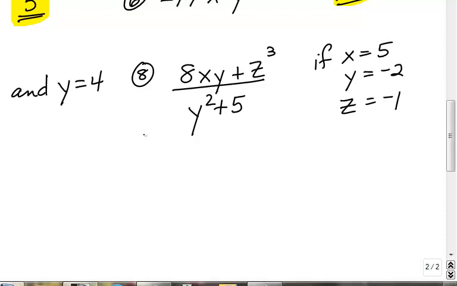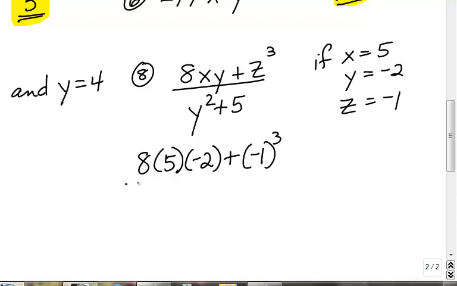Okay, so sub in 8 times 5, y would be negative 2, and I usually put them in parentheses, and negative 1 cubed, and it's all over negative 2 squared plus 5.